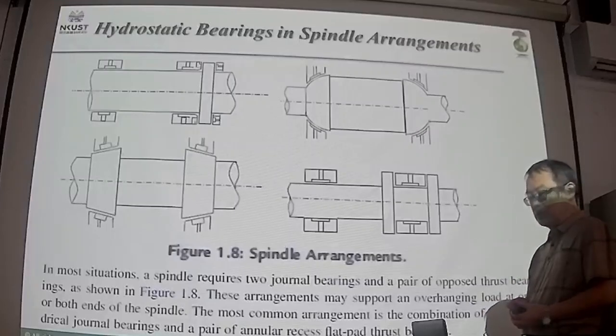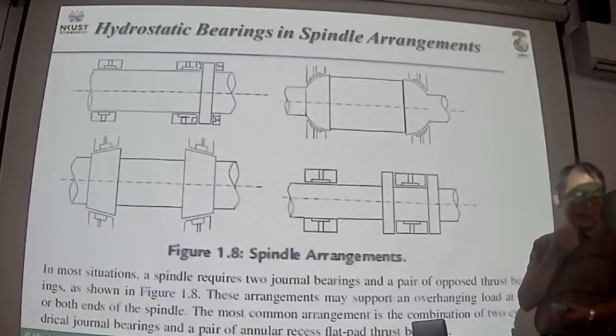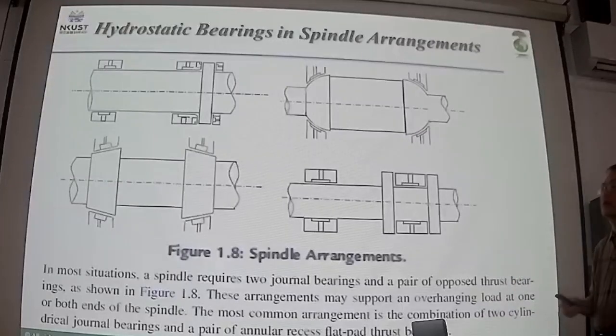So in the patent document, whether in US patent or Taiwanese patent house, you can search these three types of the hydrostatic bearing spindle.